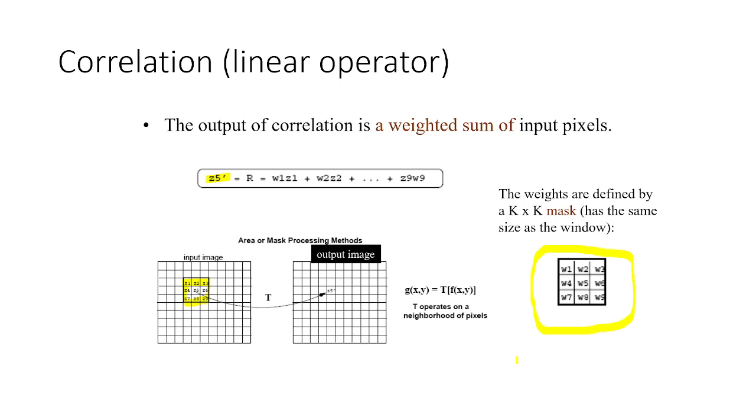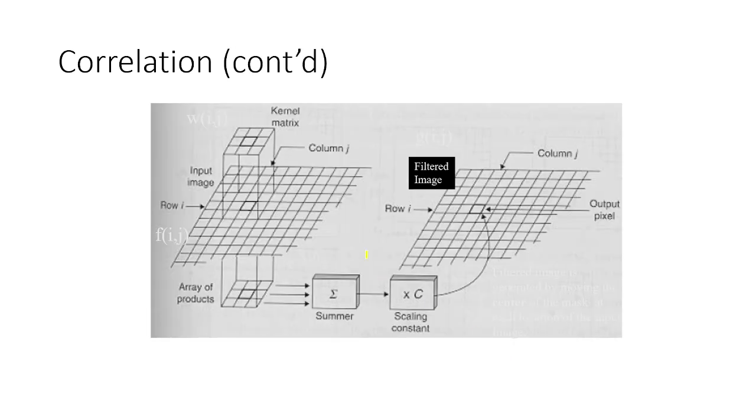So let's understand with an example. If this is an input, a kernel mask is applied on the actual image. This is the actual image pixel and this entire mask is applied on it to get the neighborhood of this pixel.